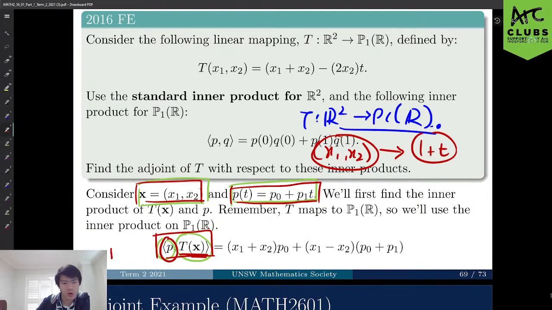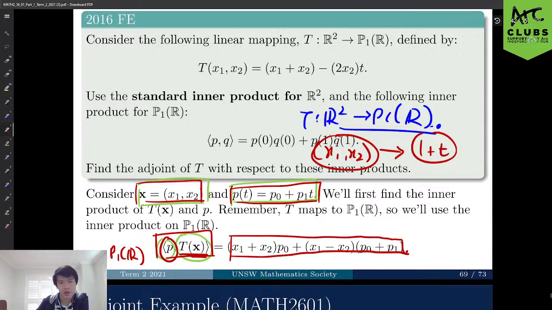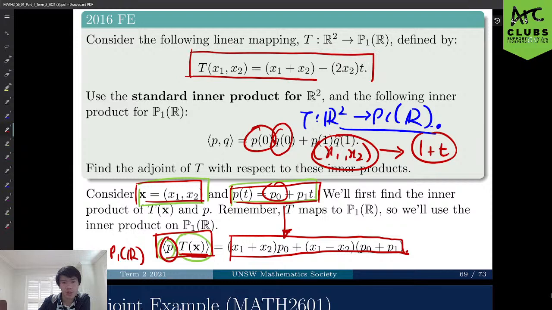So we'll say x1, x2 is going to be this, and P is going to be this. So now that we're in P1R, we'll use the inner product on P1R. So all we do is we calculate P0. So P0 for this thing is just going to be P0. And Q0 over here is going to be the transformation of this. So the transformation, first of all, we do this. That's going to be equal to x1 plus x2 minus 2x2 times t. Right, and p of 0 is just going to be this constant term.